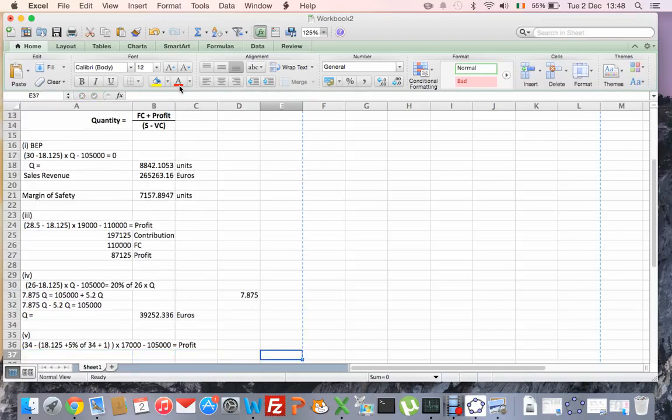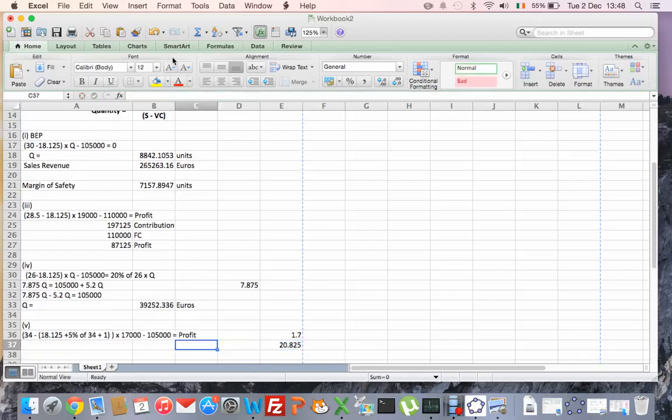So just quickly working out over here. 34 times 0.05, you get 5%, 1.7. Okay, so that means my variable cost is going to be 18.125 plus 1.7 plus 1 for the packaging, so it's 20.825.